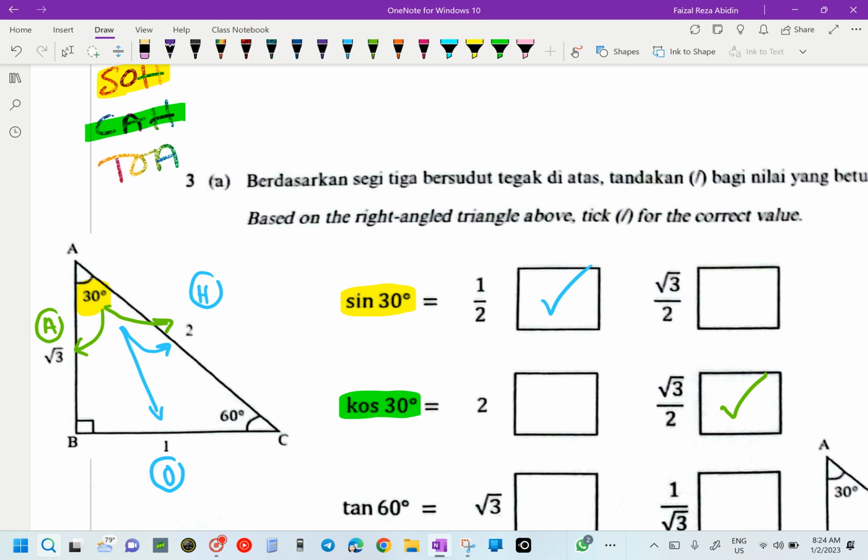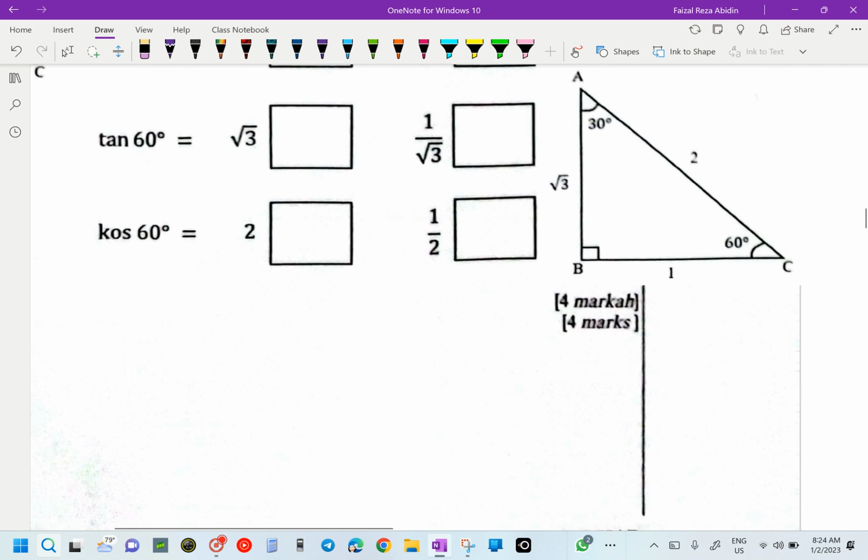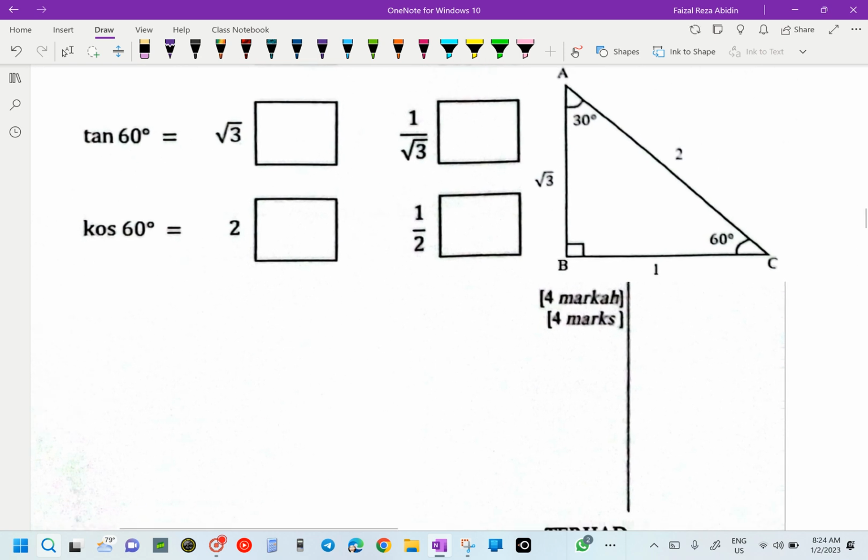Okay, next one. Can I proceed? Easy one. That's why I use two diagrams here. Okay. We are going to look at our tan. Tan here, you are going to look at what? This one is 60 degrees. So tan is going to be opposite, which is square root of 3, over adjacent.